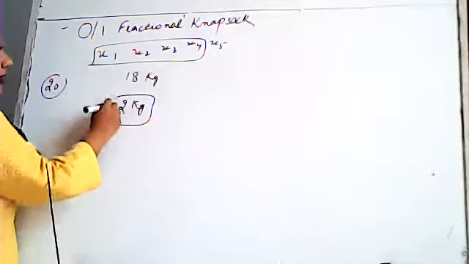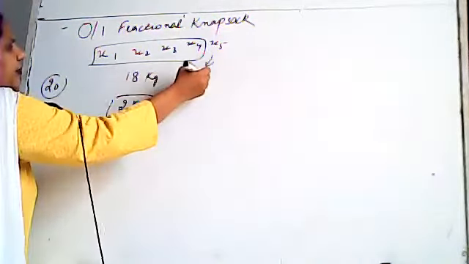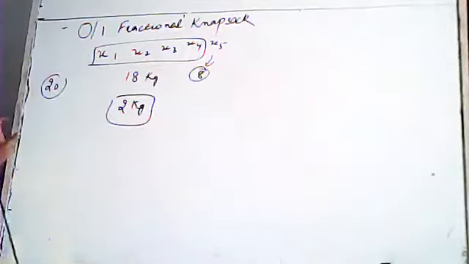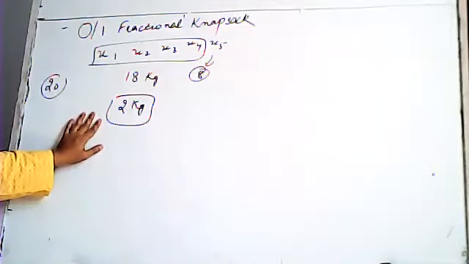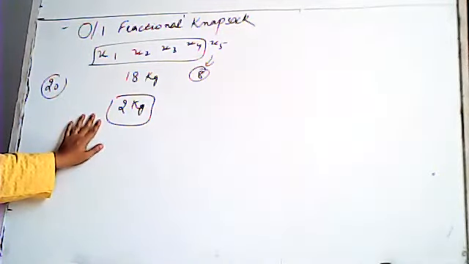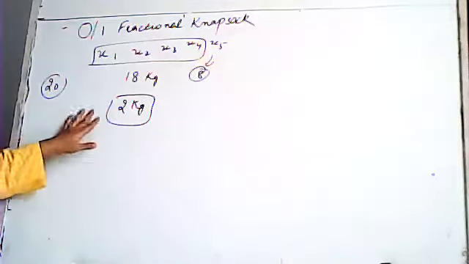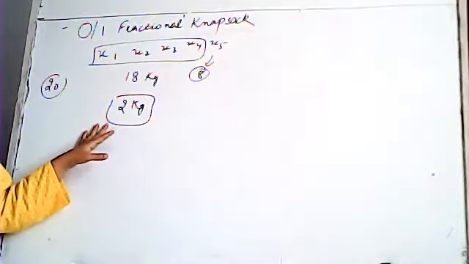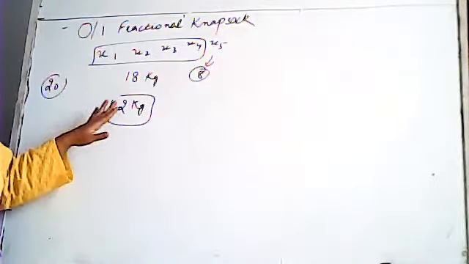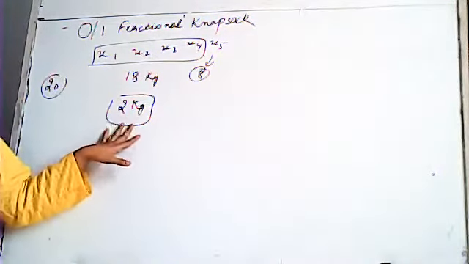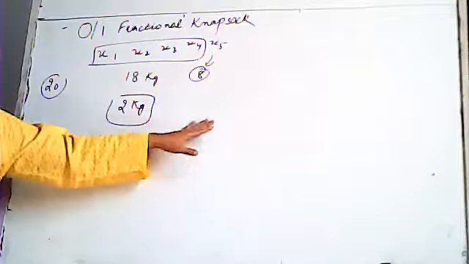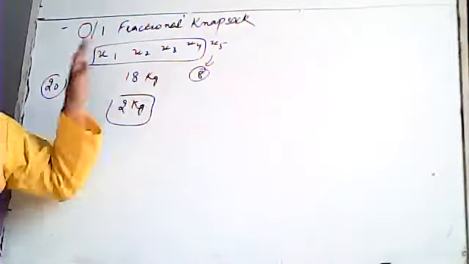Suppose the weight of x5 is 8 kg. We were not able to pick 2 kg out of these 8 kg in the simple knapsack method. So in fractional knapsack, we will be able to collect this part, that is 2 kg from this 8 kg.